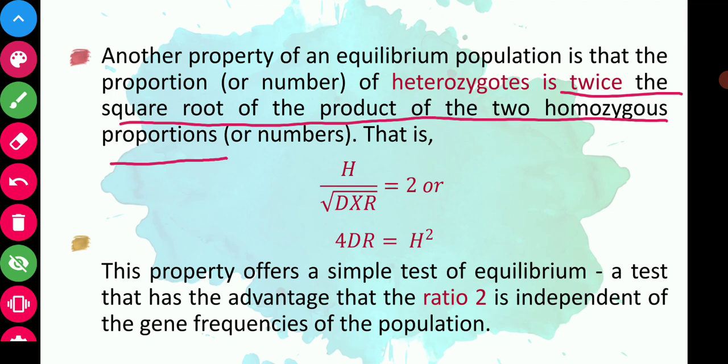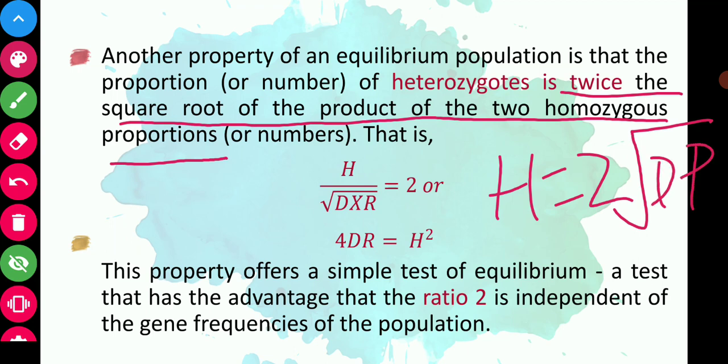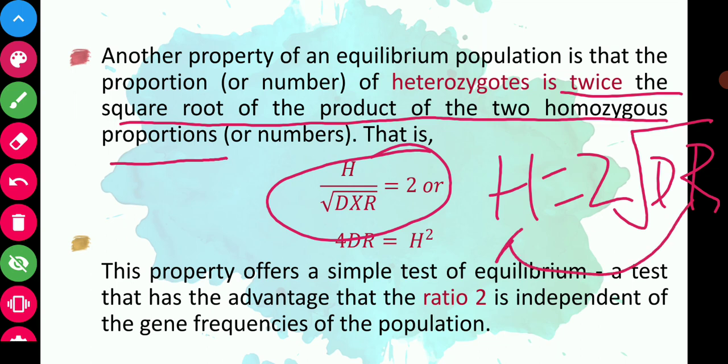What it wants to tell us is that the proportion of heterozygotes, that is H, is equal to twice the square root of the product of the dominant and recessive homozygote frequencies, 2 root DR. If you see this equation, bringing the terms across, H by root DR is equal to 2.